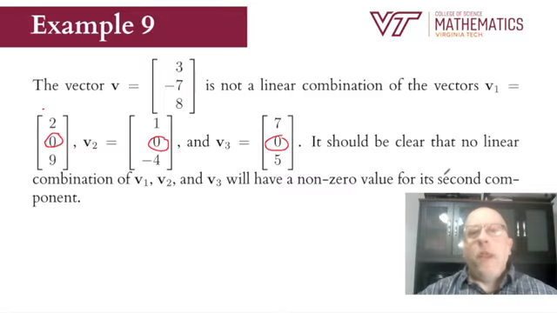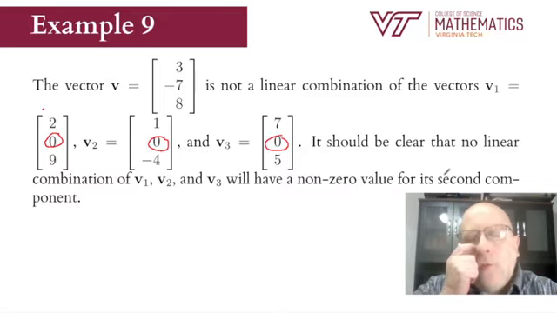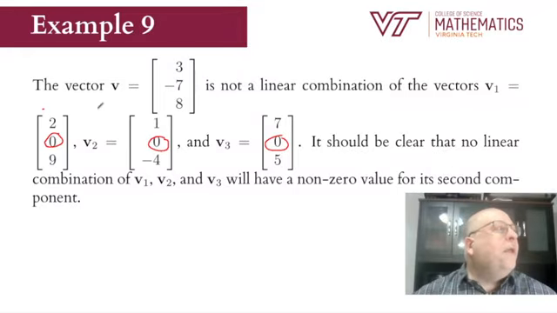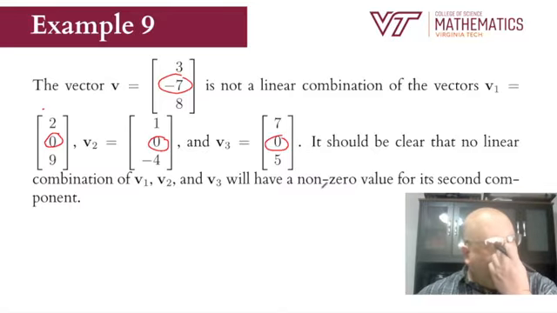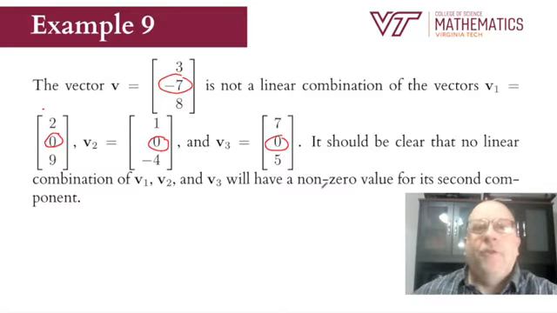So no matter how I weight them, when I add them together, the middle component will always be 0. There's no way that I can get a negative 7 for the middle component. And so if I have a set of vectors, sometimes there are some vectors that I can't build using those vectors. In this case, I can't build the vector 3, negative 7, 8 from the vectors that we have.